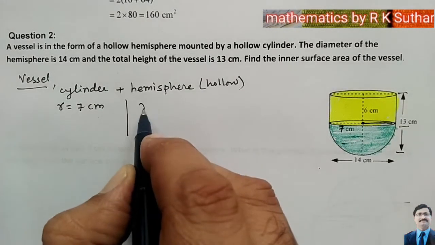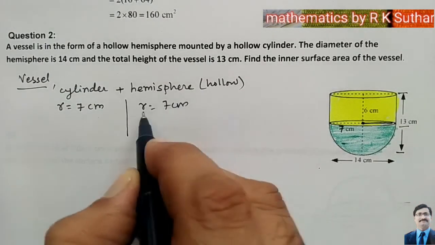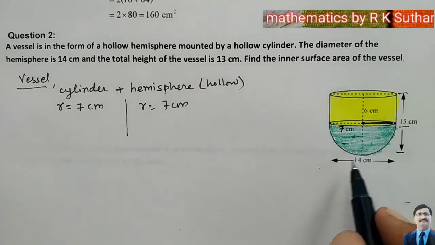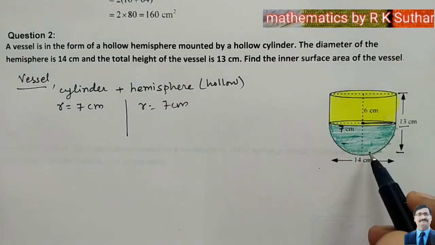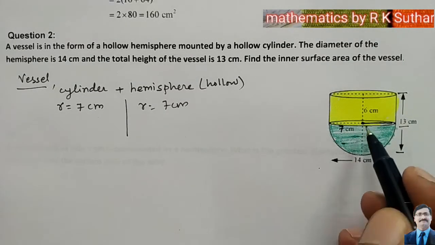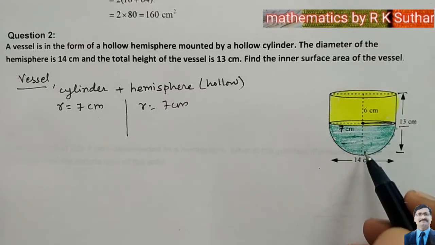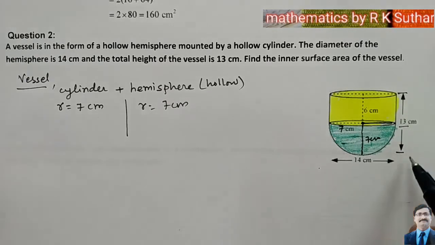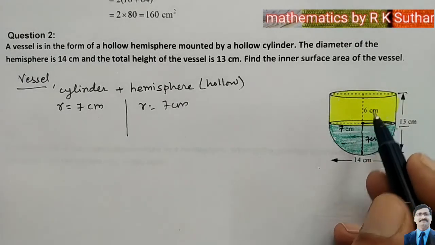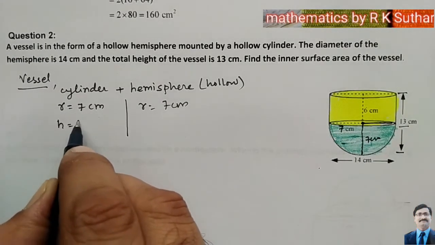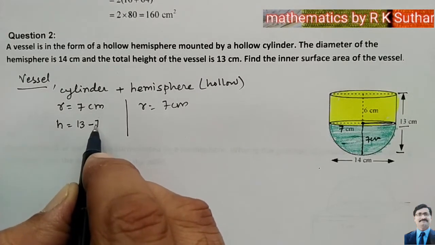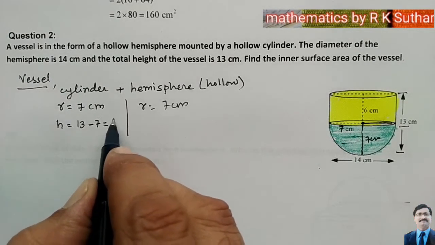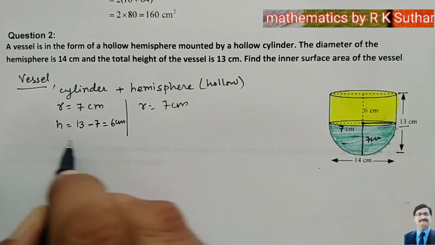We write r on both sides. The height of the hemisphere is also equal to the radius, 7 centimeter, and the total is 13 centimeter. So the height of the cylinder is 13 minus 7, which equals 6 centimeter.